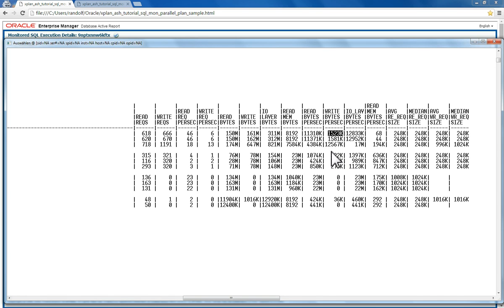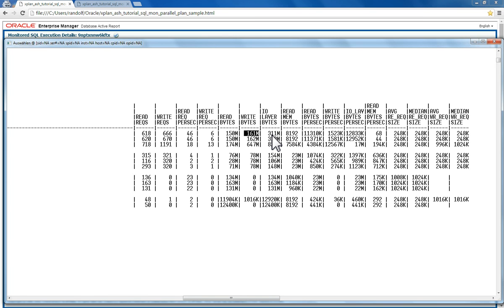I've also added this I/O layer bytes information here, which is for non-Exadata environments simply the sum of the reads and write amount. So it doesn't really add much value for non-Exadata environments, but for Exadata environments this could be quite different depending on the offload percentage and the decompression and compression that took place on the cells.